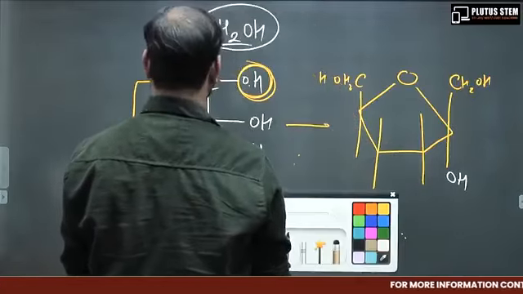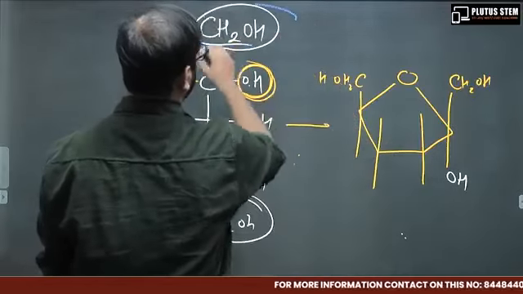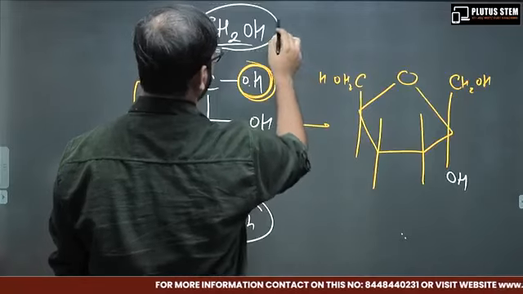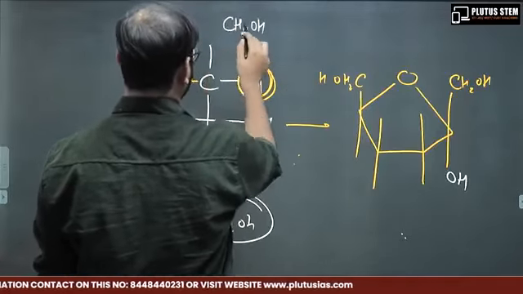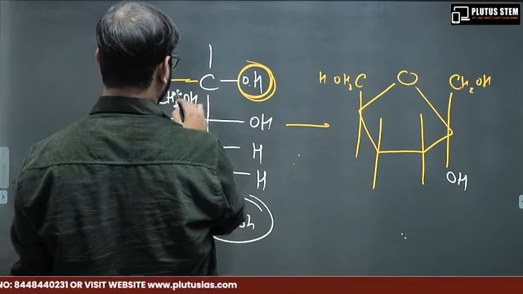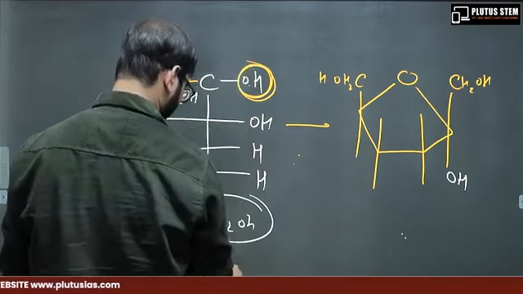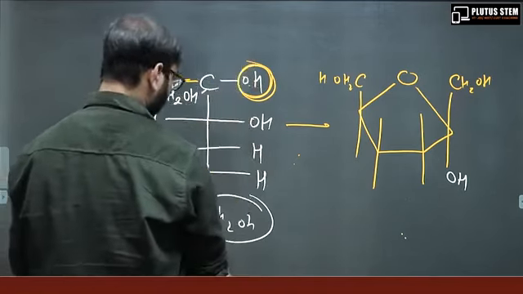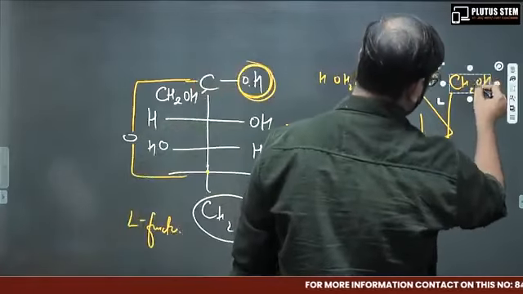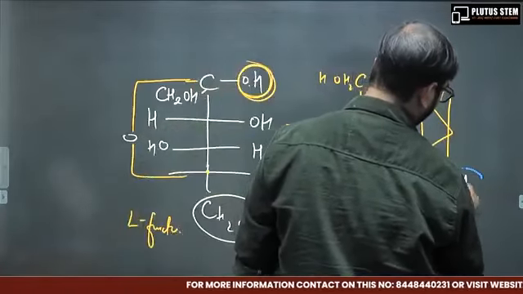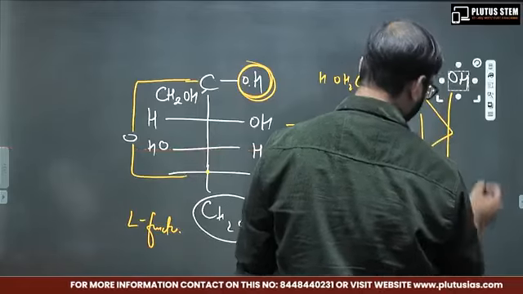Wait, not this, I need to look for CH2OH first. Sorry. If that's the case, CH2OH can be represented inside or outside of the ring. So let's assume CH2OH is inside the ring. If it is inside, the CH2OH will come downward while the OH remains in the upward direction.